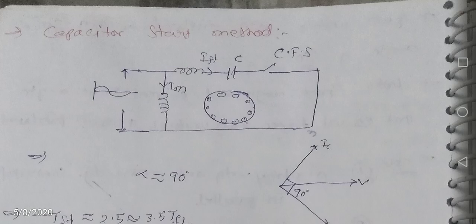So if we go for the capacitor start method, a capacitor is connected in series to the auxiliary winding, IST. In the auxiliary winding, a centrifugal switch is connected, and IM is the main winding.